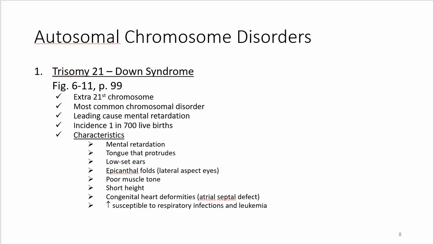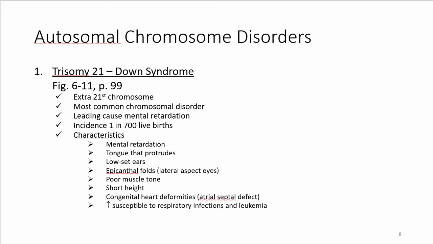So a common one that we can talk about, and that you probably know people that have, is trisomy 21, better known as Down syndrome. So the 21st chromosome, the 21st pair, there's actually 3. That's why it's trisomy. So one of the parents, in meiosis 2, stays with 2 copies of one of the chromosomes.